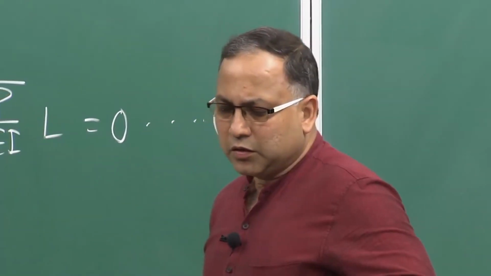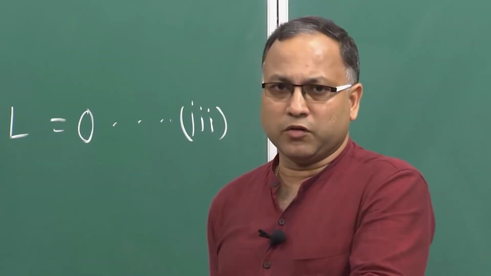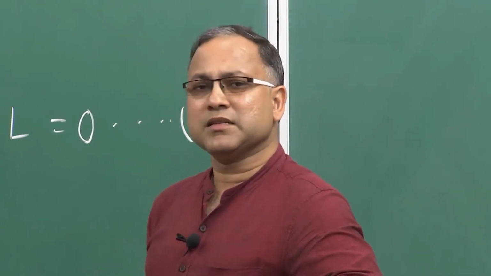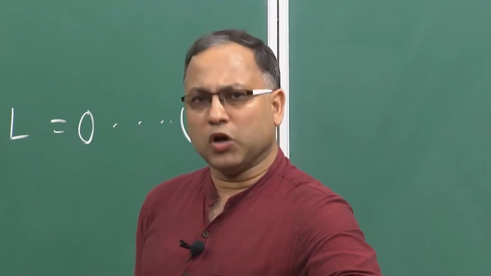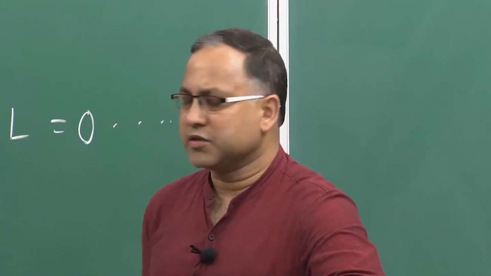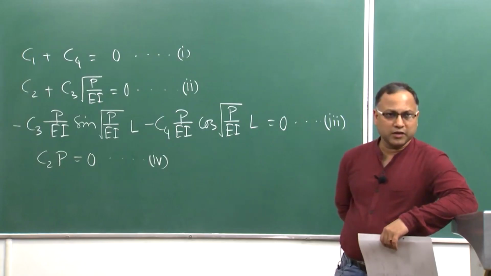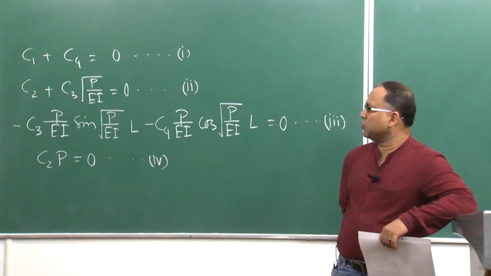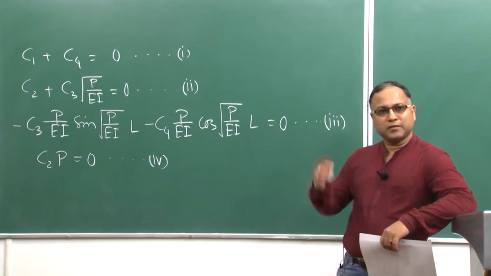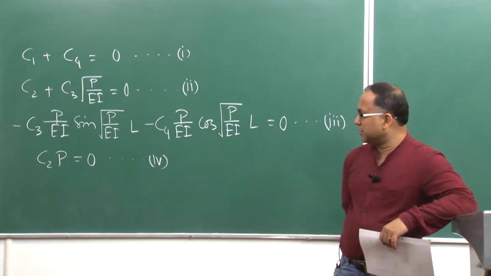That means the load is such that there is no deflection of the column in the lateral direction. We are not looking for that at this moment. We want to find out the critical load for which the column really sways in the lateral direction.